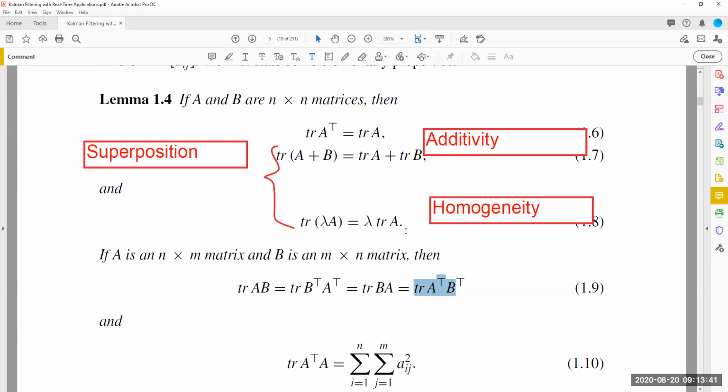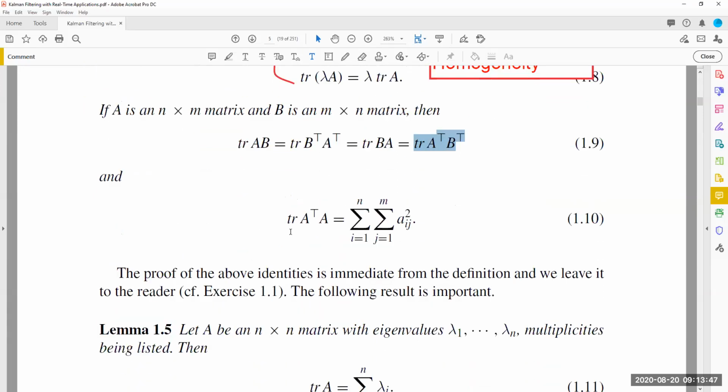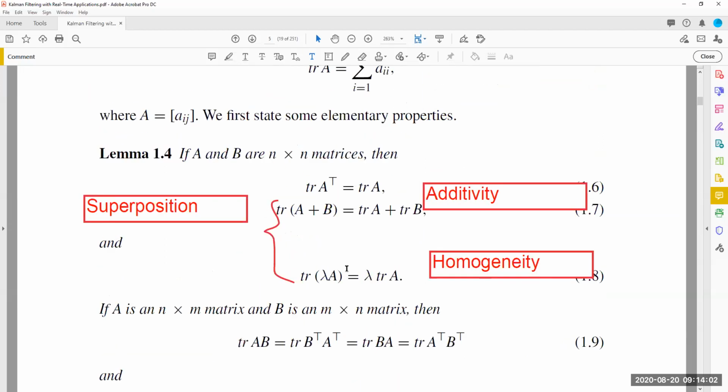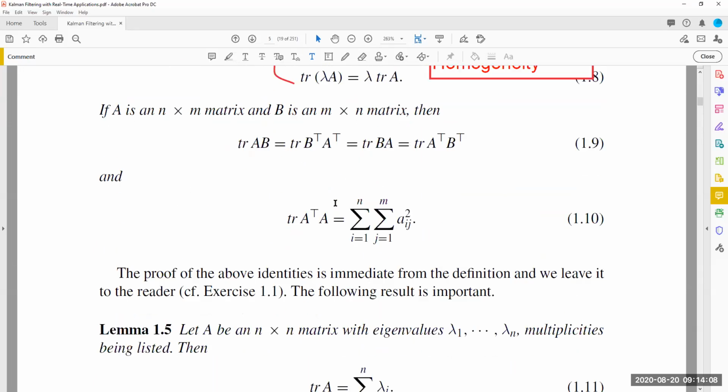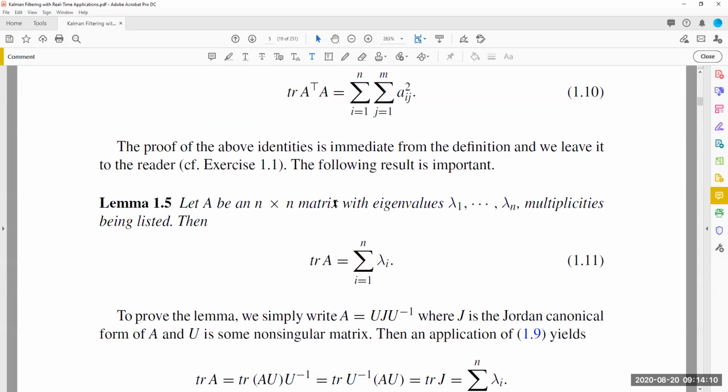Again, you use the transpose property, and you get the trace of BA is the trace of A transpose B transpose. Then the last one is that the trace of A transpose A is all the elements Aij squared, and then you take the sum. There's an exercise 1.1 to prove lemma 1.4, which you can do afterward.